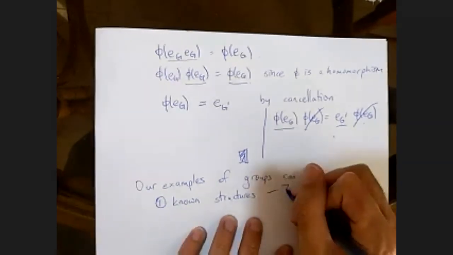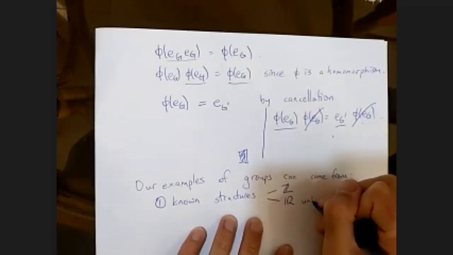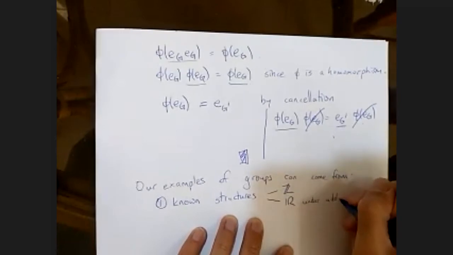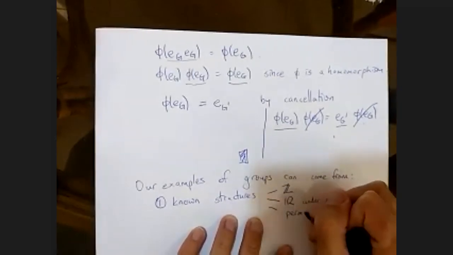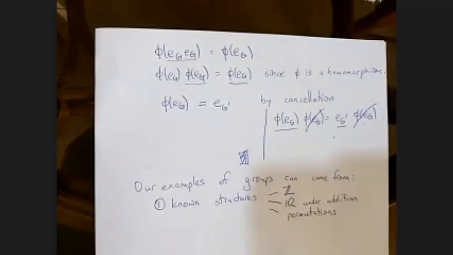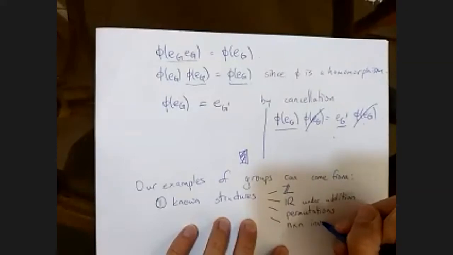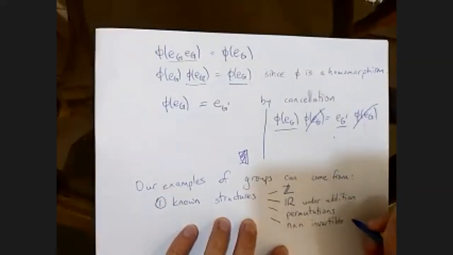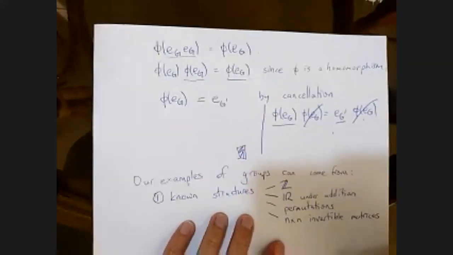For example, the integers, the real numbers under addition, permutations, which you might remember or not. That's okay if you don't. N by N matrices. Many more.